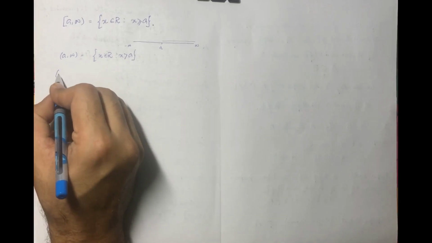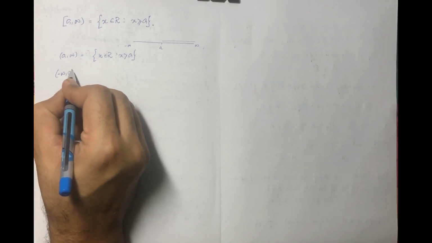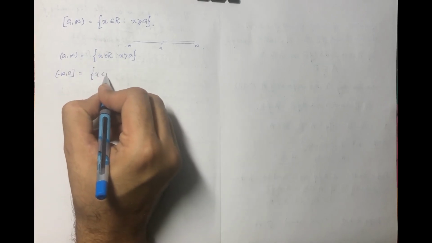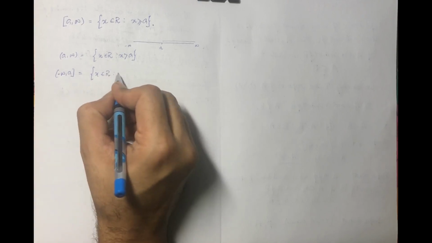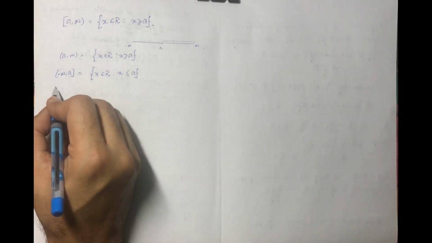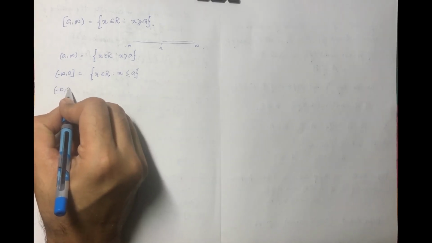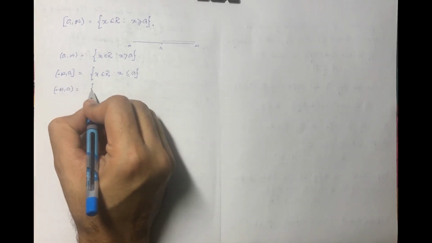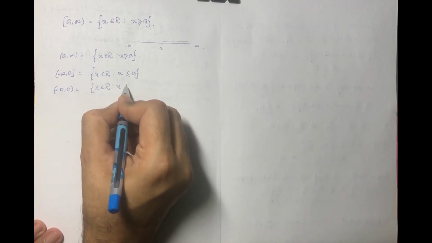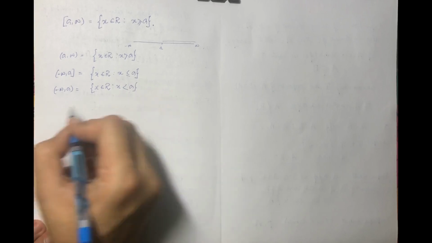Now also we can have minus infinity to a. That is x belongs to R with x less than or equal to a. Similarly, minus infinity to a, that is x belongs to R, x strictly less than a.